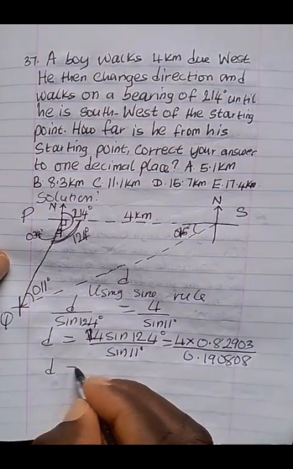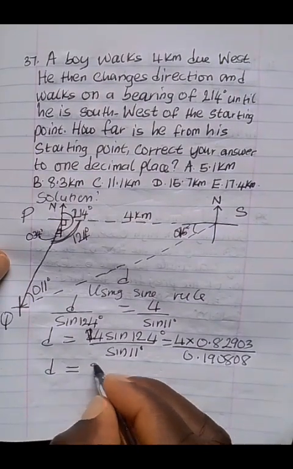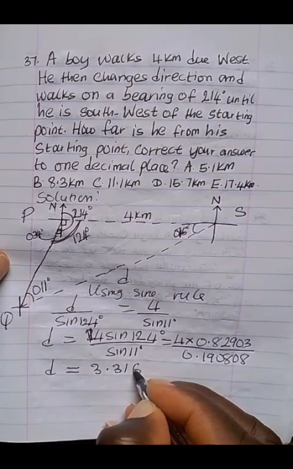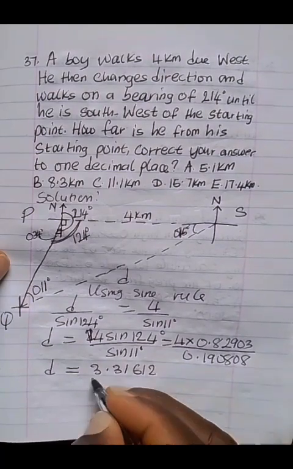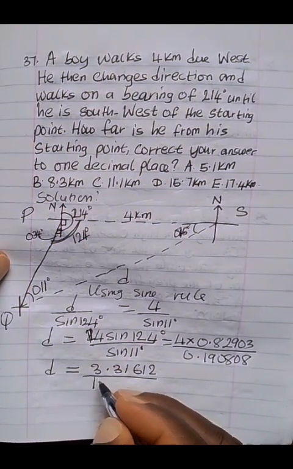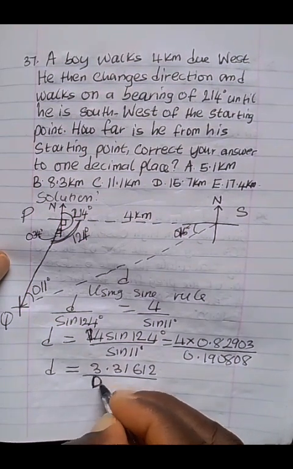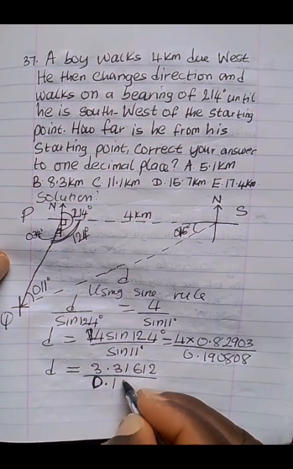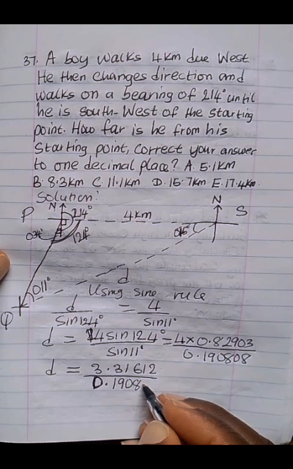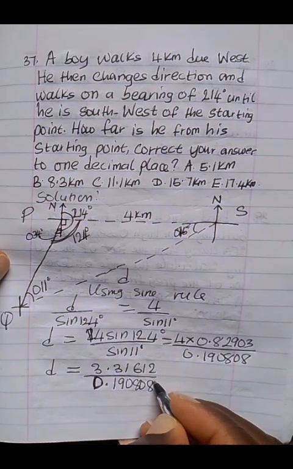If you multiply the numerator, you have 3.31612 over 0.190808.